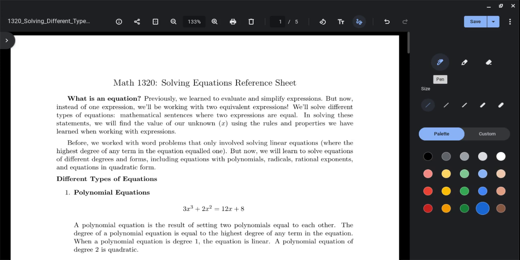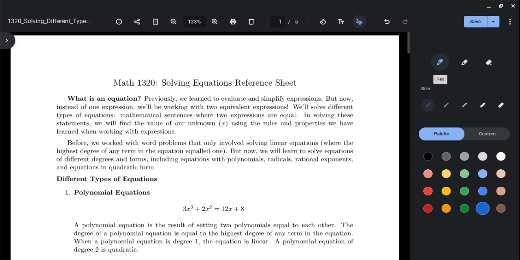And to do so, we're going to use the rules and properties that we have used in evaluating our expressions. So remember some of those rules, which we'll go over in depth with examples in a later video, are the distribution property, our rules of exponents, our order of operations, and so on.